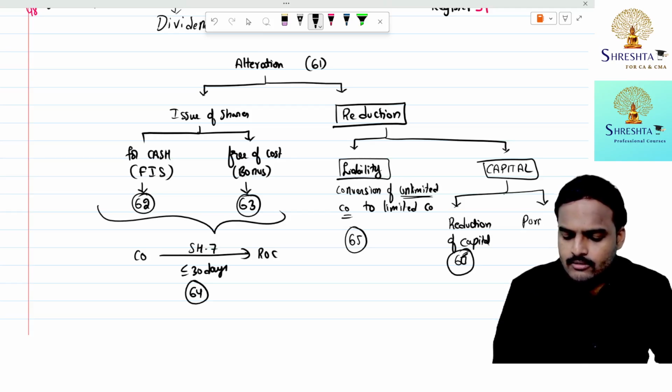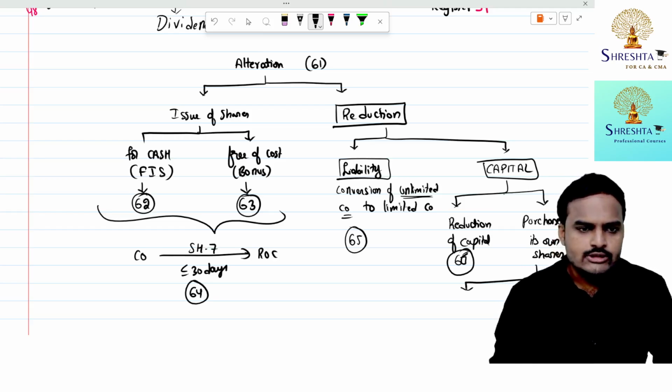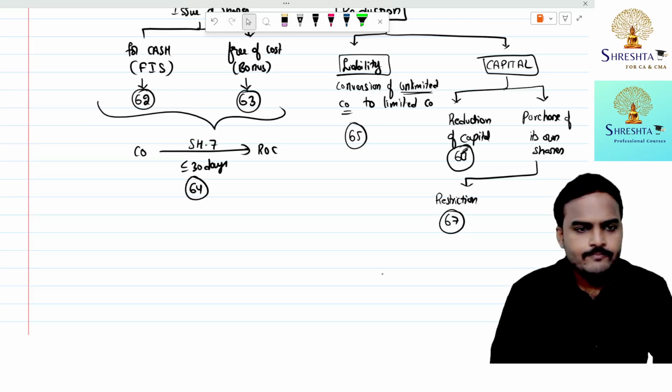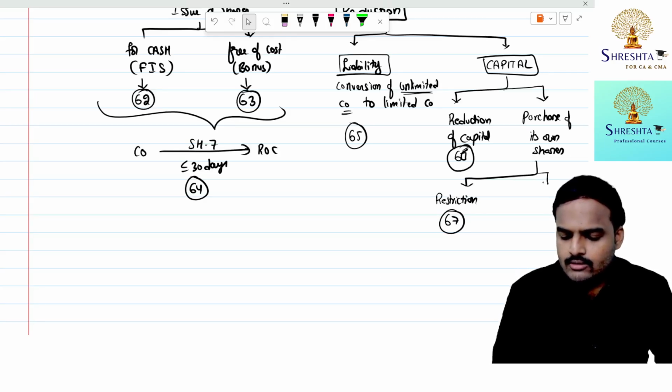Next, purchase of its own shares. With respect to purchase of its own shares, there are some restrictions. That is section 67. And next one, buyback of securities. Under buyback, again three branches.